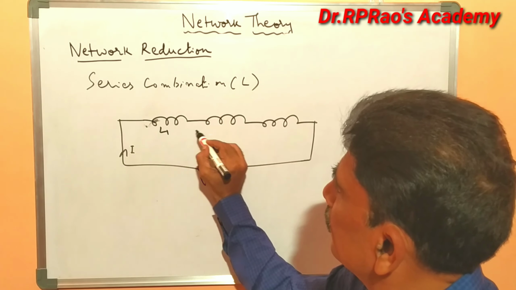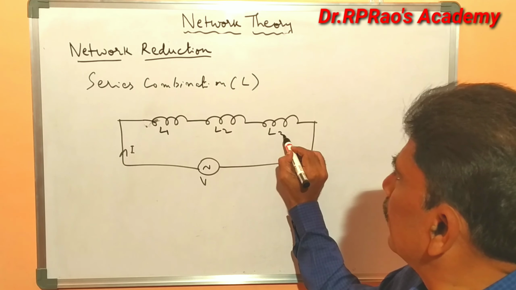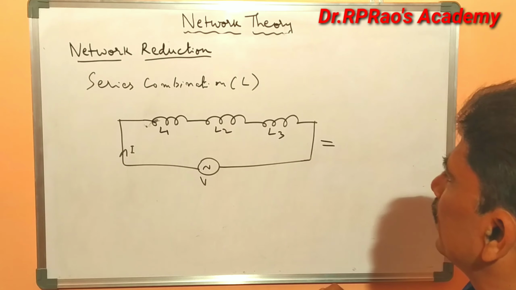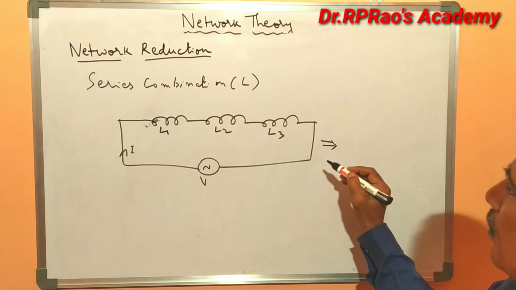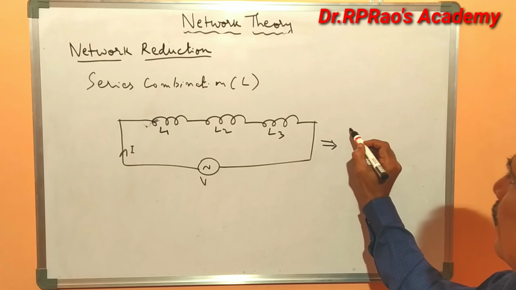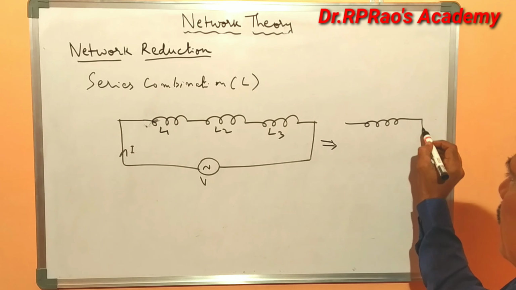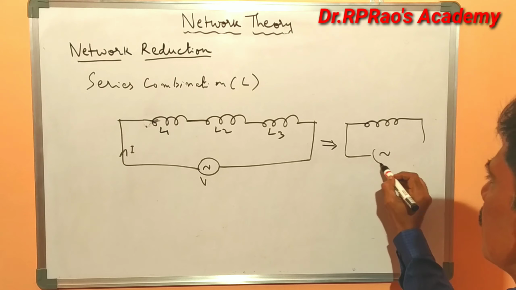Let these be L1, L2, L3, and it should be simplified. So its equivalent circuit will be like this, replaced by L equivalent and connected across the battery.